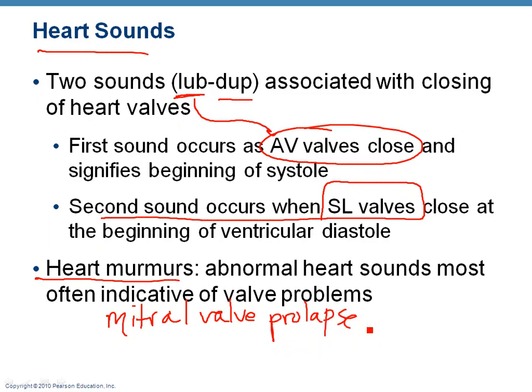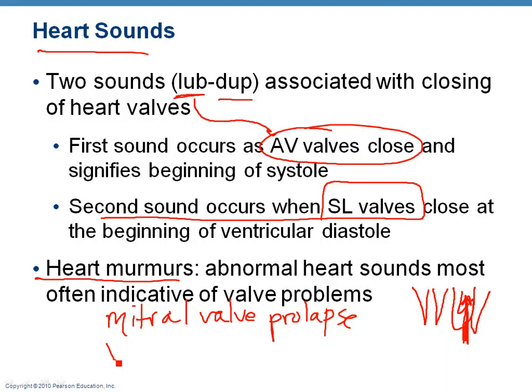If you think about your bicuspid valve, those two little flaps hanging down from the left atrium into the left ventricle, if one of those gets folded upward, flipped upwards, sometimes you'll have some backflow of blood from the ventricles into the atria because the valve is flapped over in an improper way. That's a mitral valve prolapse.